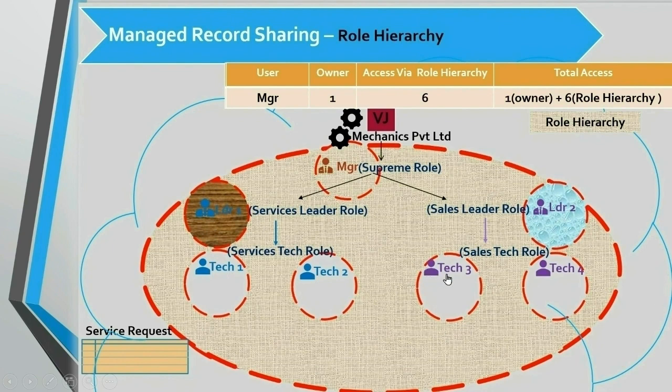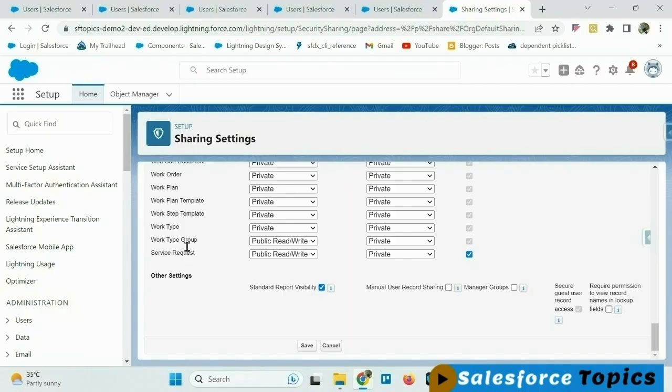So on that record, Tech 3 would have the read access, and same way, since LDR2 comes on top of Tech 3, LDR2 would get the read access on that record, and MGR also would get the read access on that record. For better understanding of role hierarchy, let me save service request OWD as private.